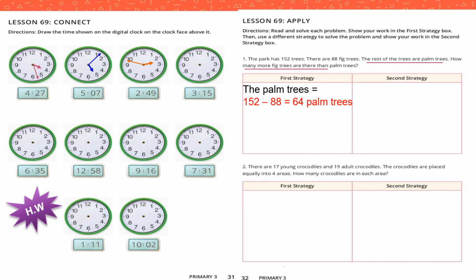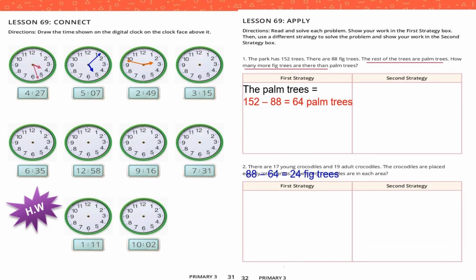Now he wants me to find how many more fig trees there are than palm. How many more than? It's a key word for what? A key word for subtraction. I want to find the difference between fig trees and palm trees.